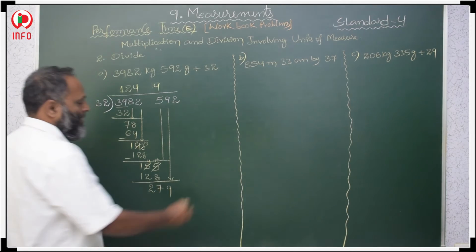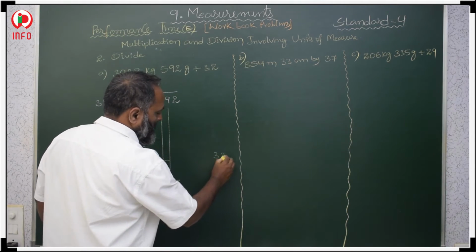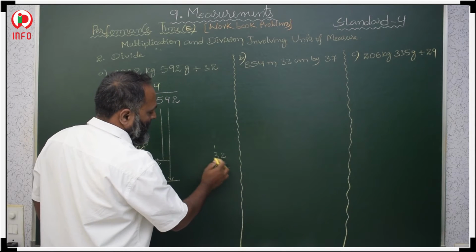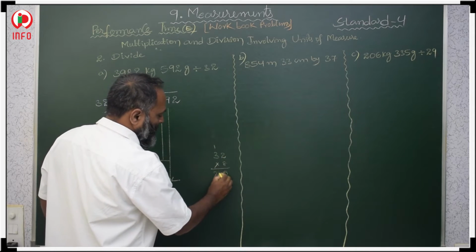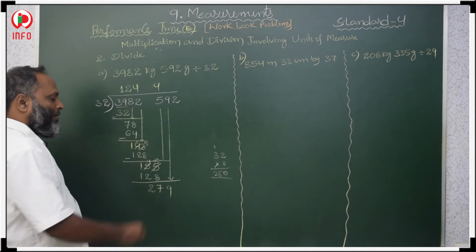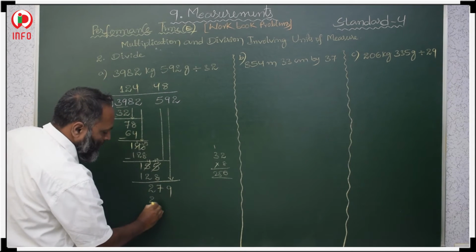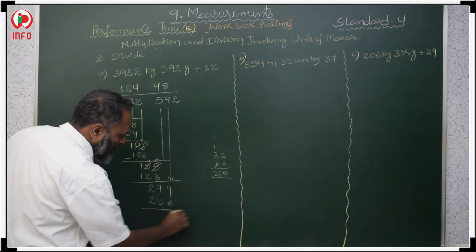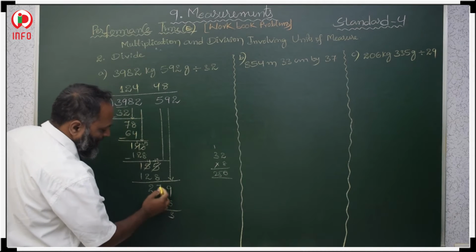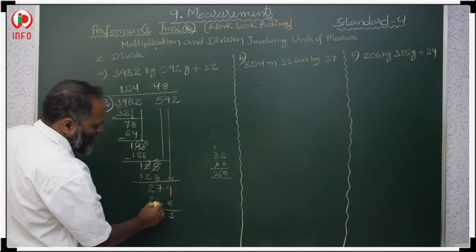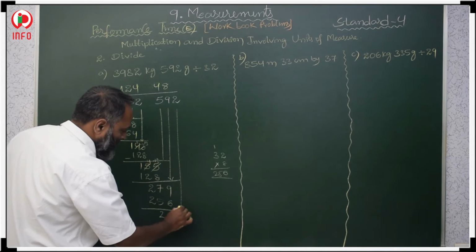So 32 8s are 256. 9 minus 6 is 3. 7 minus 5 is 2. 2 minus 2 is 0. Then after that 2.